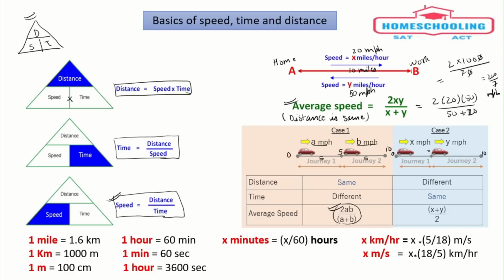Let's say journey one starts from 0 to 3 miles at a speed of x miles per hour. And from 3 to 10 miles, he covered the rest, 7 miles, at y miles per hour. So here, as we can see, the distance is different, because from here to here it is only 3 miles, and from 3 to 10 it is 7 miles.